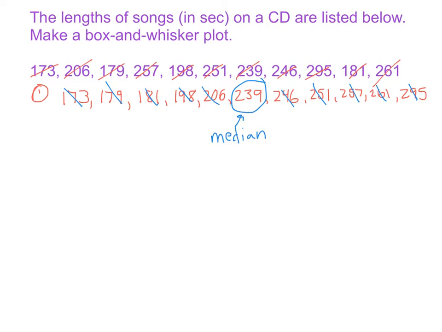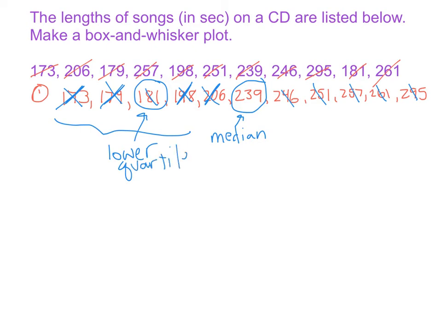Now I'm using all of these numbers again. The bottom half is down here, so I'm going to find the lower quartile with the bottom part of the numbers. I'm going to cross, cross, cross. That is the lower quartile. I'm going to do the same thing up here.